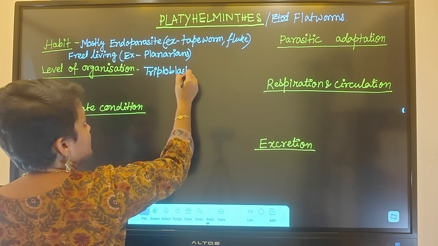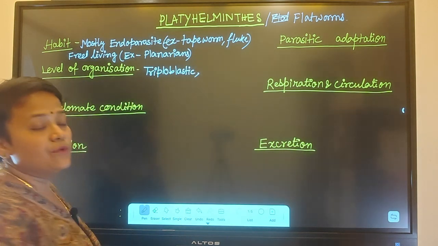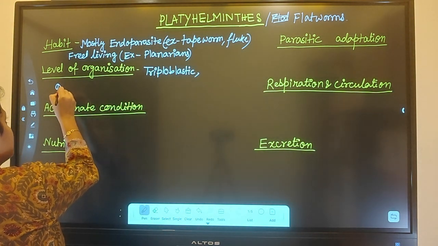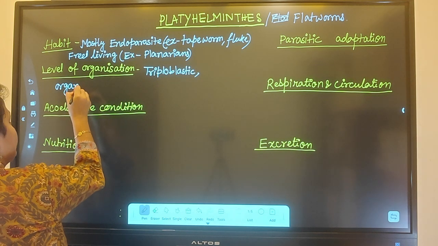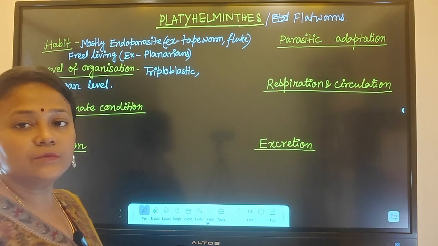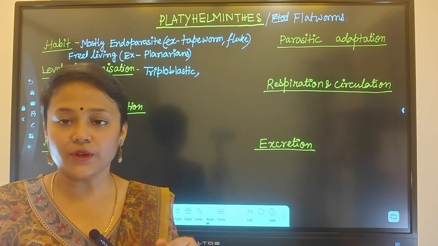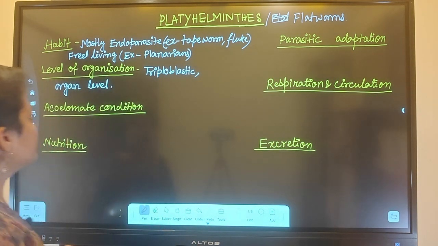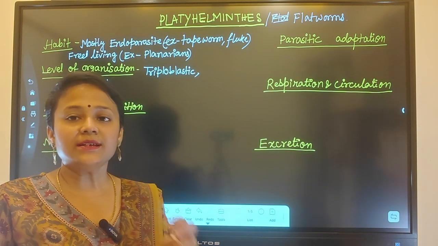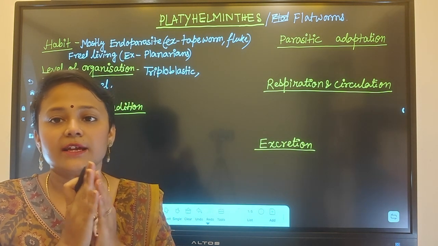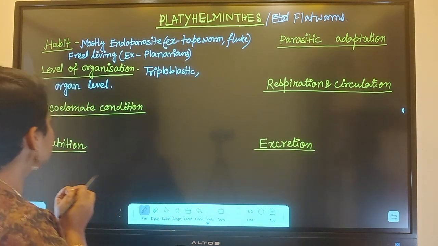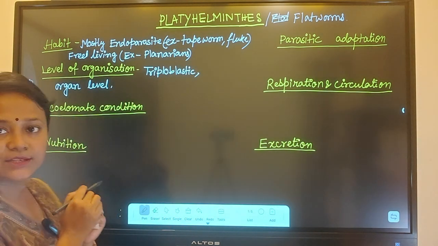Triploblastic, but their level of organization is organ level, meaning tissues will form the particular organ. Their body is dorsoventrally flattened and they don't have coelom. That's why the condition is called acoelomate condition.